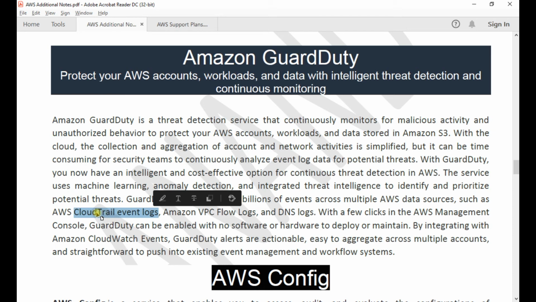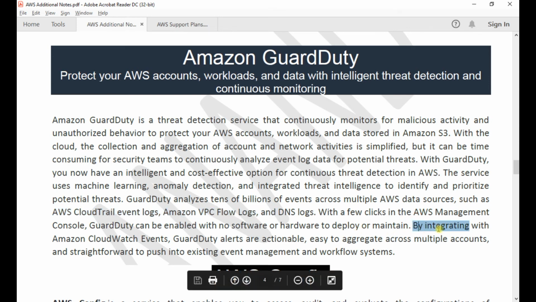CloudTrail is nothing but event logs of all the activities, along with VPC flow logs, DNS logs, and all these kinds of logs. It proactively reads everything, and if it figures out anything malicious, then it immediately stops it. By interacting with events, GuardDuty alerts, for example using CloudWatch, you can alert on it also. So this is a very important security service you can configure.